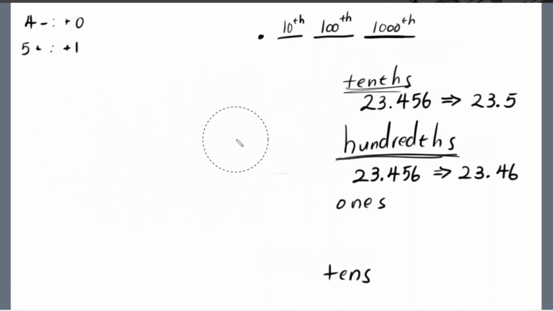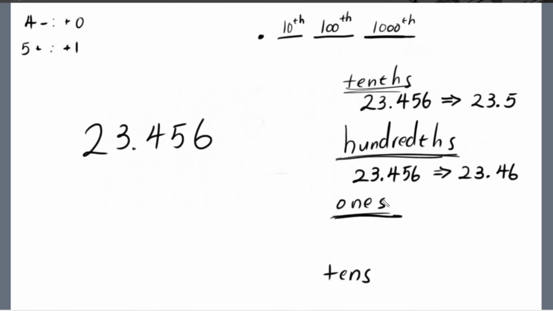Now let's say we want to round that number again to a different place. We have 23 and 456 thousandths, and we want to round it to the nearest ones place. So I'm going to underline my ones place because I know directly to the left we have the ones, and then the tens, and then the hundreds. We're looking at the neighbor. Is this 4 and below, or 5 and above?